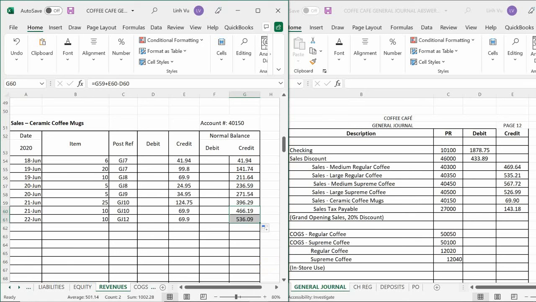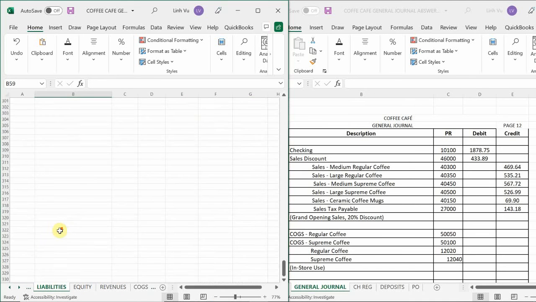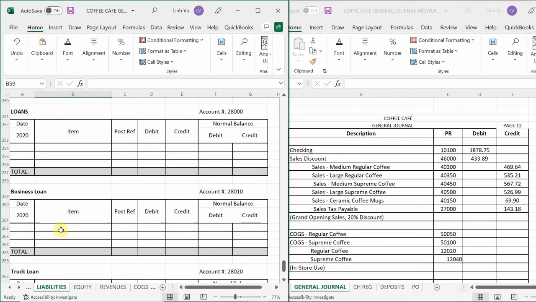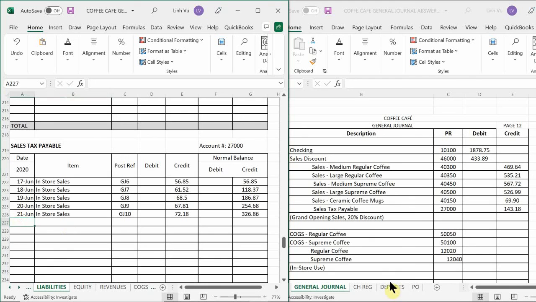Last but not least, we got some sales tax. Okay.